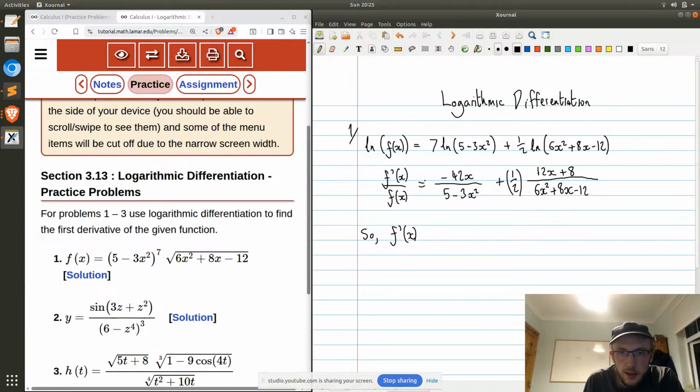So f prime of x is the original function multiplied by this. Okay, that'll be 6x plus 4 on the top.